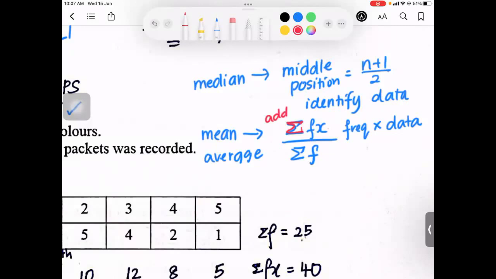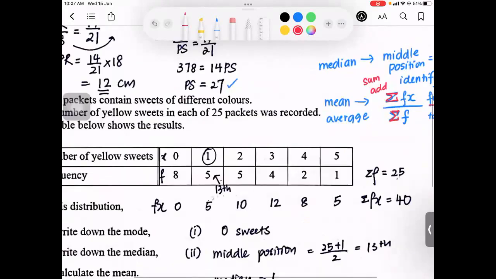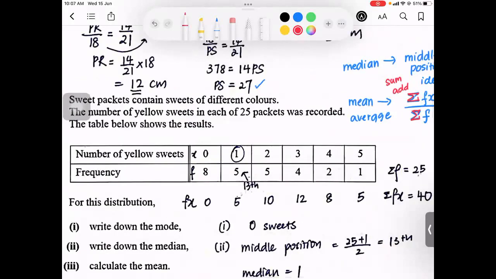Then divide by the summation of the frequency, the total frequency, where you sum up the total. Okay, if you really still don't know, use the calculator. You have your calculator mode. I don't know what mode yours is, so use your own calculator for your own mode.